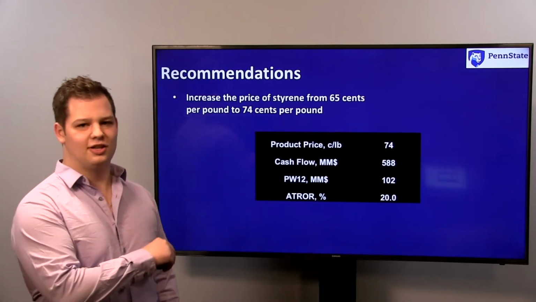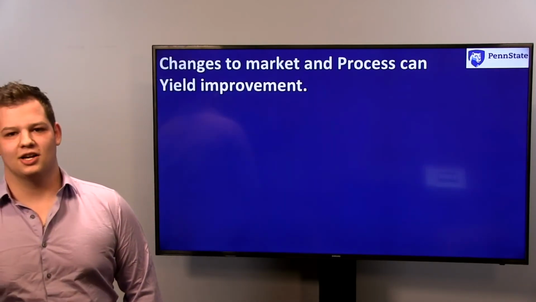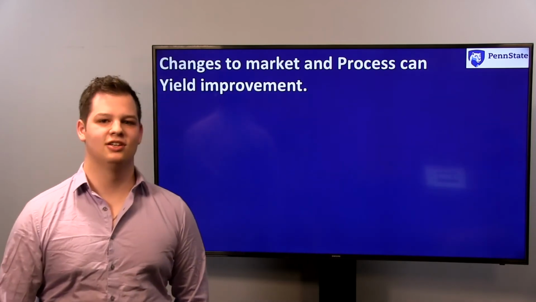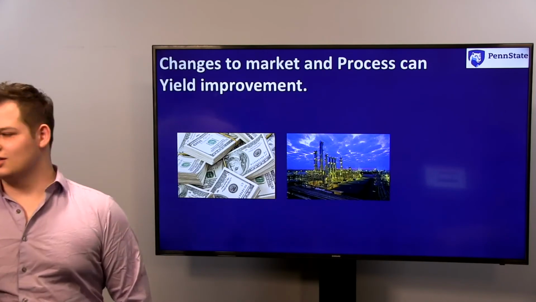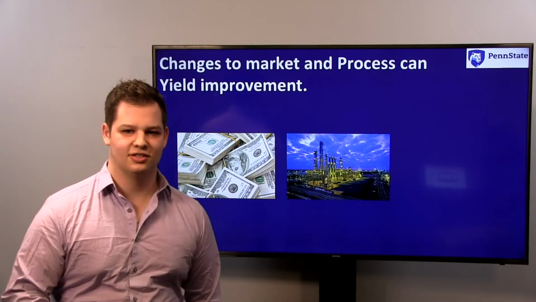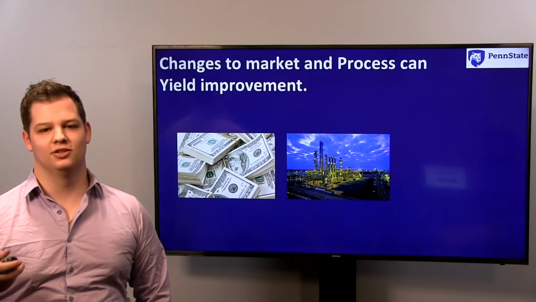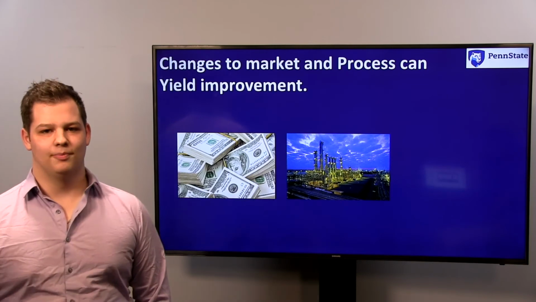This isn't the only thing that we can do to change our process, however. There's a few other courses of action that would allow us to yield improvement in our process. One of them, as I've previously stated, is money. And then the next one would be a change in our process. So extractive distillation costs $130 million a year, plus licensing for our utilities.